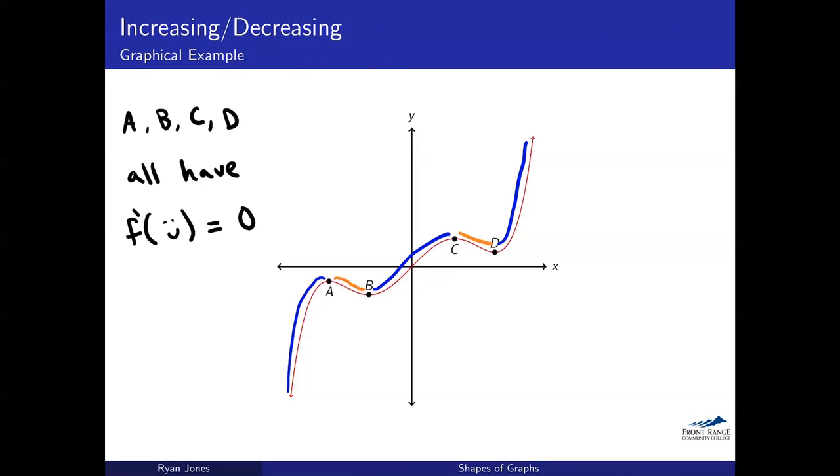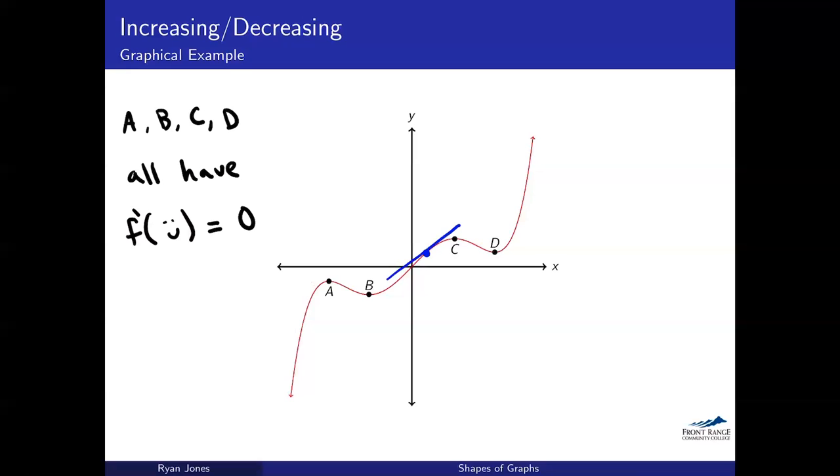And here's even more so what I notice here. If we try and draw some tangent lines, I'm going to go ahead and get rid of the blue and the orange here, we can remember where this is increasing and decreasing. So I'm increasing, let's say in between B and C, I am definitely increasing there. My function is going up. And so if I draw a tangent line here, let's say I pick a point and I draw a tangent line.